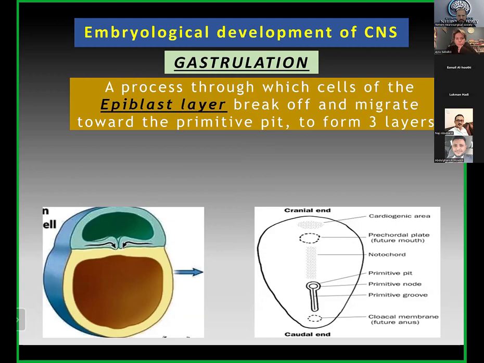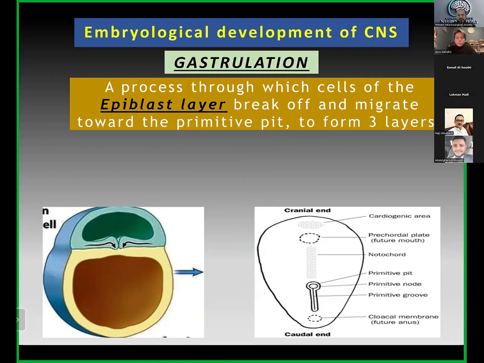So the cells of the epiblast will differentiate, undergo more division and growth, and migrate through the primitive pit, as we said before, at the cranial part of the primitive groove. Then they migrate to the underlying layers, as we saw here in the coronal view.